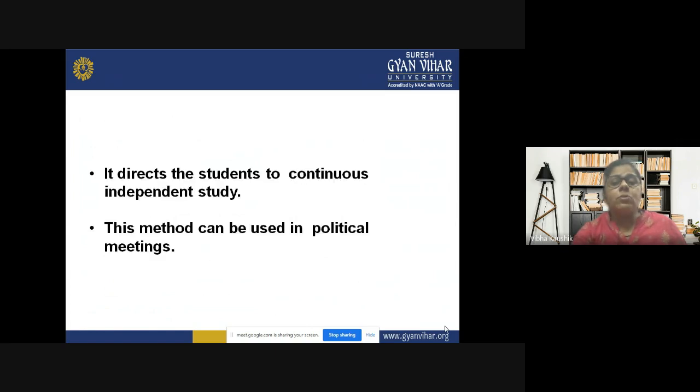It directs the students to continuous independent study, so that they can continue their independent study. This method can also be used in political meetings.